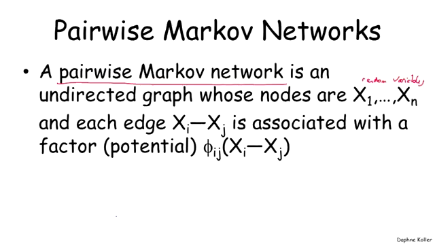And we have edges, xi connecting to xj, and each one of them is associated with a factor, also known as a potential, phi ij of xi, xj. That's a pairwise Markov network.